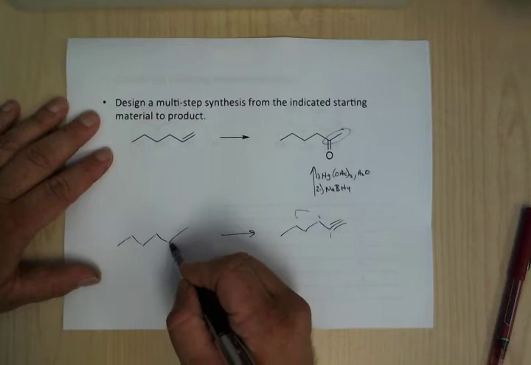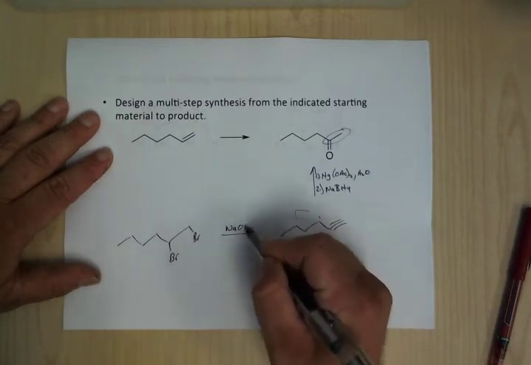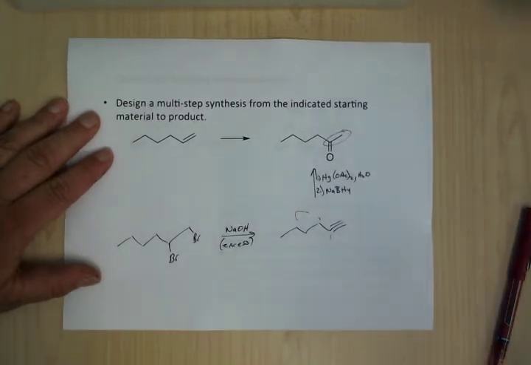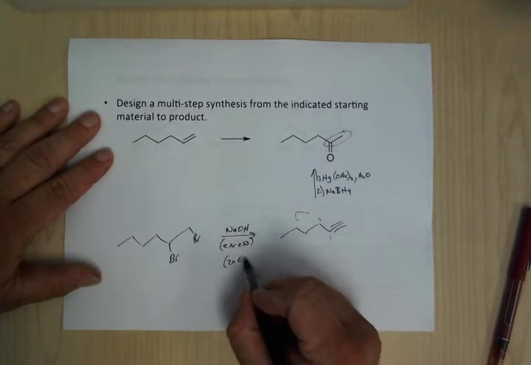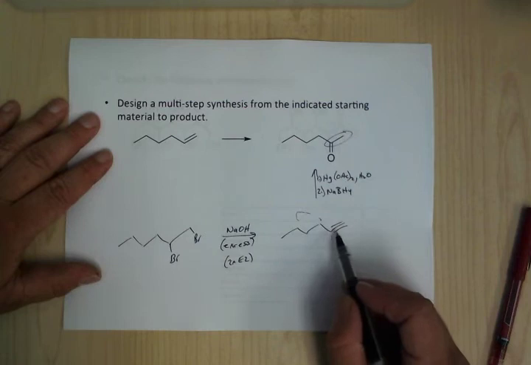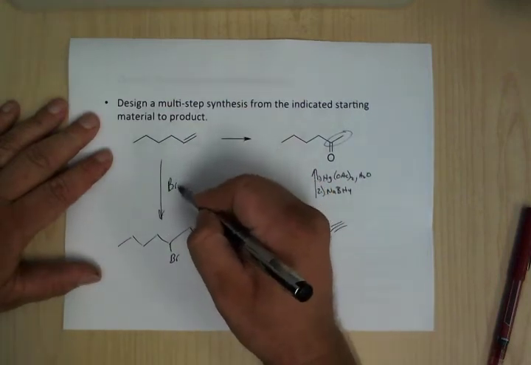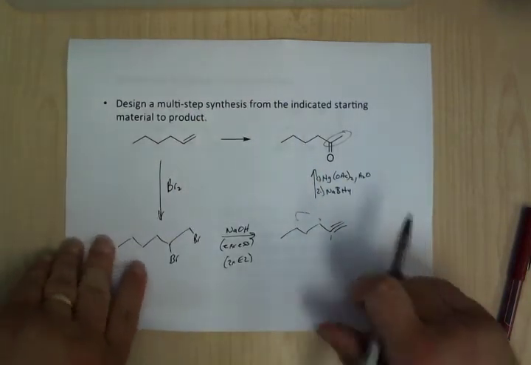If we had this, and put in a lot of OH, sodium hydroxide in excess, boil it up, it's basically going to do 2 E2 reactions. The first one puts on a double bond, the second one puts in that triple bond. Okay, so how do we convert this into here? This one's just dumping in bromine, and that'll add bromines on the other side. So there's your synthetic route.